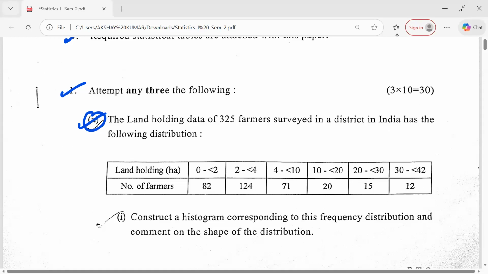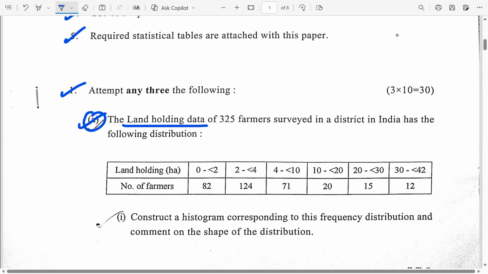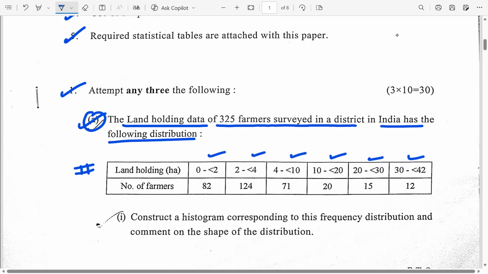So let's read part A. The land holding data of 325 farmers surveyed in a district in India has the following distribution. We are given land holdings from 0 to 2, 2 to 4, 4 to 10, 10 to 20, 20 to 30, and 30 to 40. You can see that the class intervals are unequal.